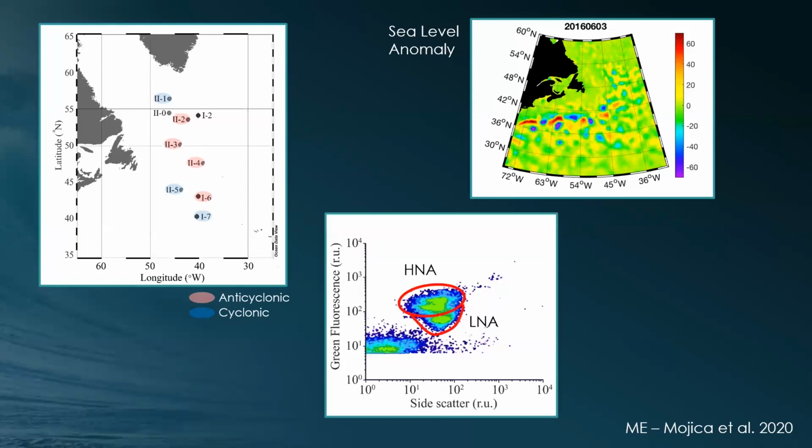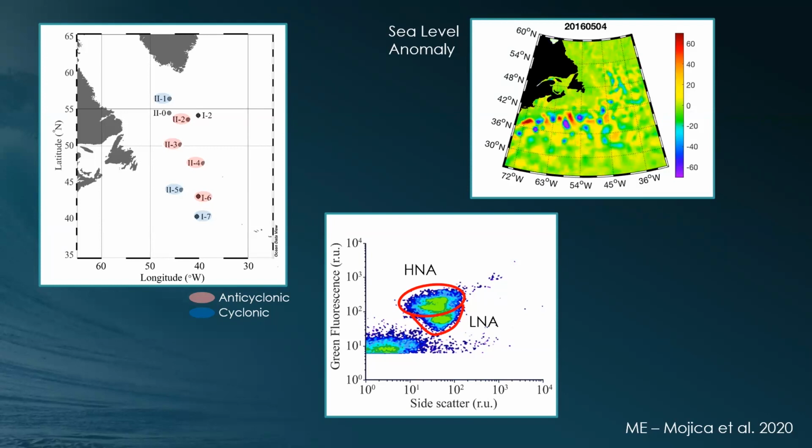One of the things that I was interested in is these populations that we can distinguish on the flow cytometer. They are called low nucleic acid and high nucleic acid populations. We call them that because in bacteria, your green fluorescence is directly proportional to your nucleic acid material, or your nucleus.